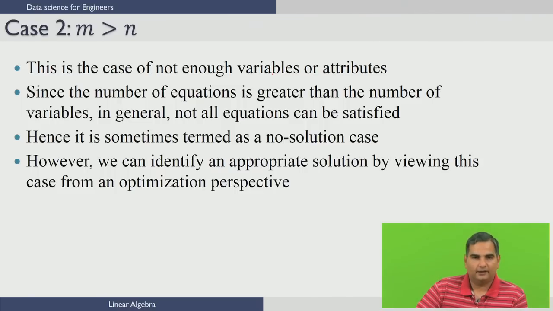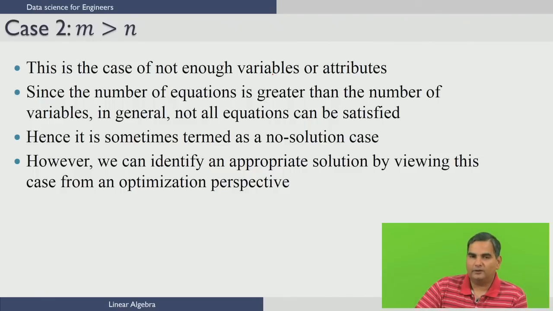Now, let us take the second case where m is greater than n. Since m is greater than n, this basically means that I have more equations than variables. So, this is a case of not enough variables or attributes to solve all the equations. Since the number of equations is greater than the number of variables, in general we will not be able to satisfy all the equations, hence we term this as a no solution case.